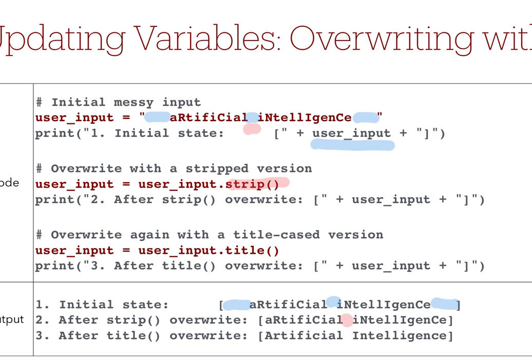And then once I remove those spaces in the beginning and at the end, if I call the title function, then that will change this A and I into uppercase. Please try this example, this title function with the original variable. Please check it yourself, and then please check what happens.